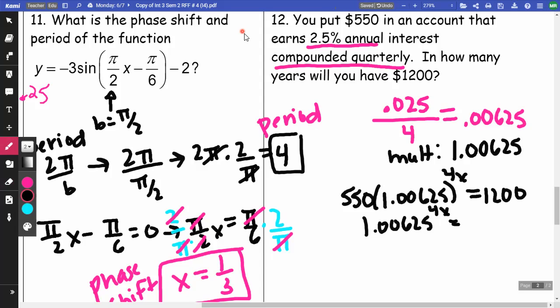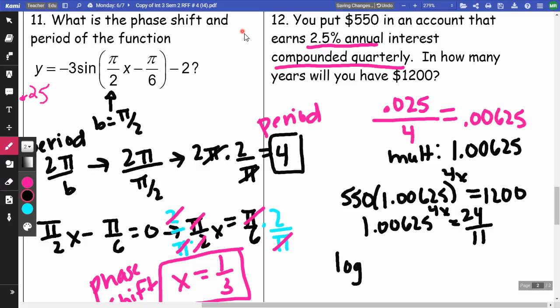And as a fraction, I end up getting 24/11. I put it in my calculator as a fraction. I'm going to rewrite it in logarithmic form.